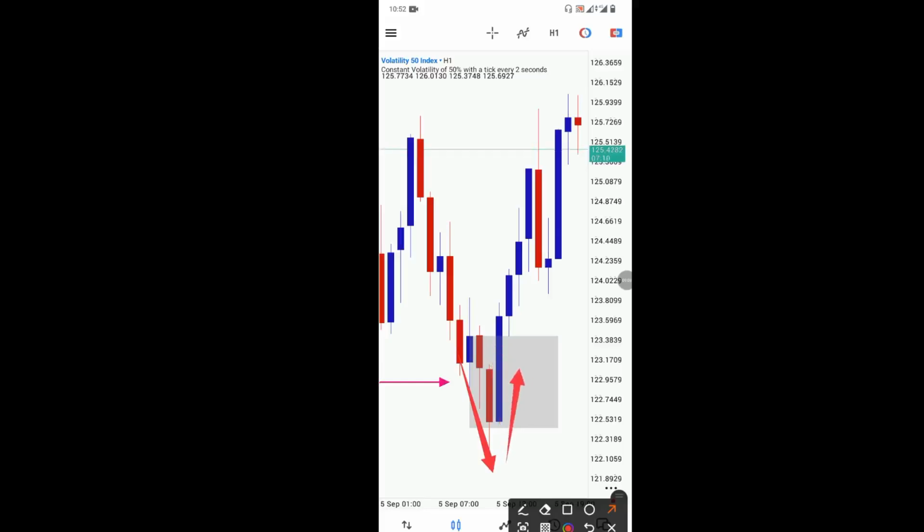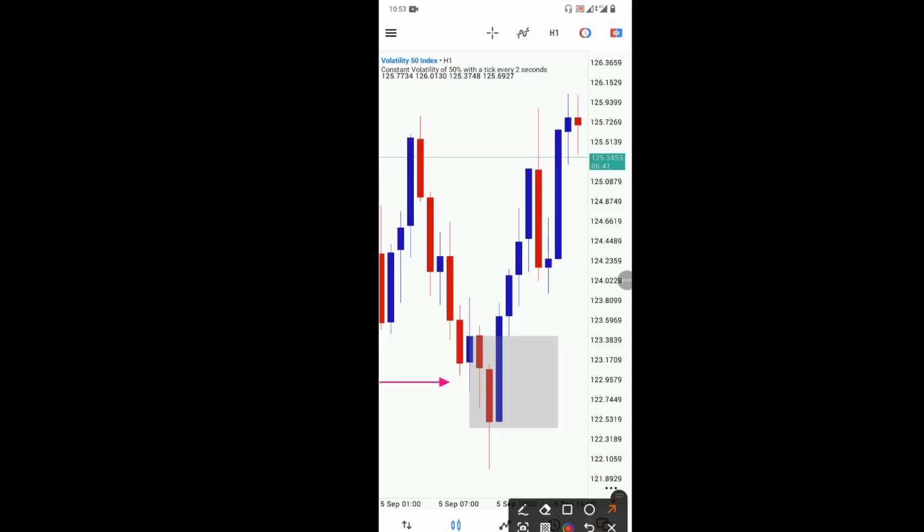In the case where it is just one candle, it will be the opening price of that one candle, but in this case there is a series of down close candles. So as soon as price closes above the opening price, this is the opening price here, the opening price of this candle that I'm pointing the red arrow to.